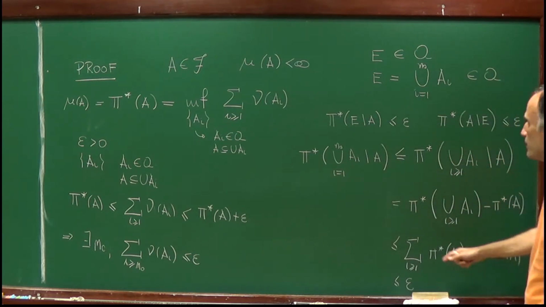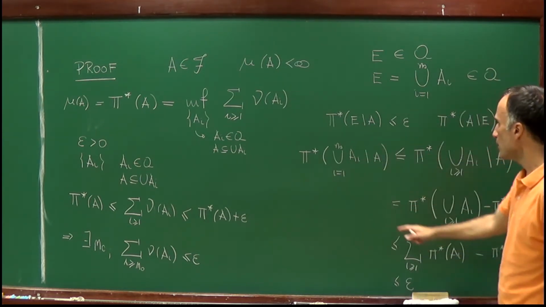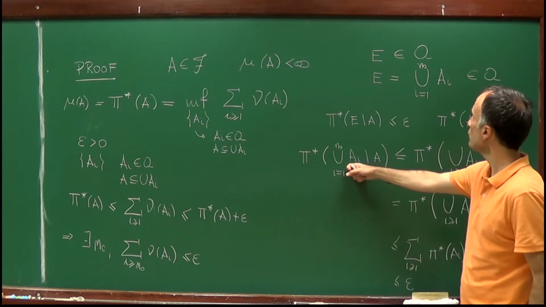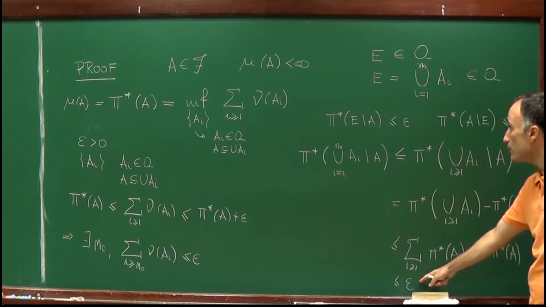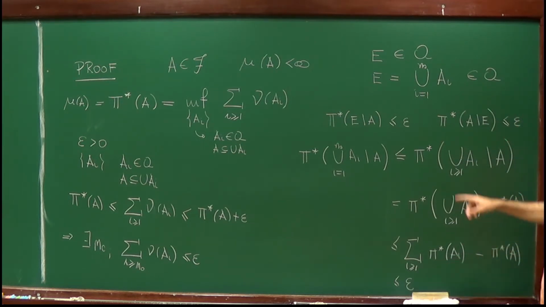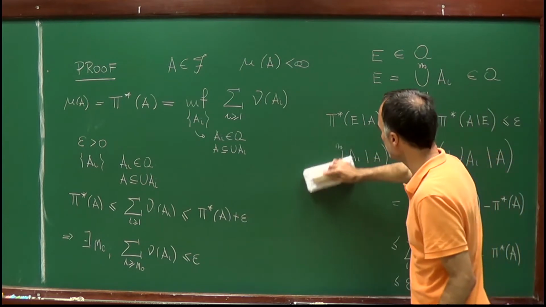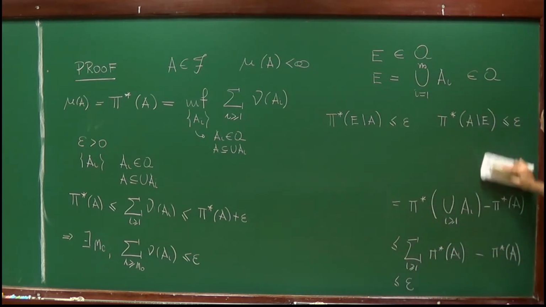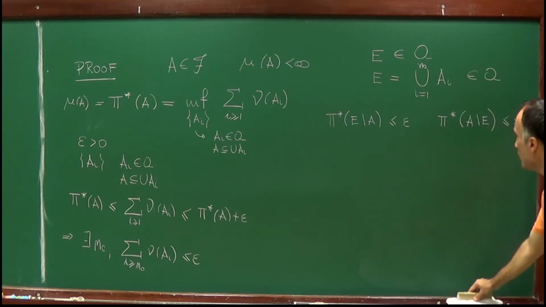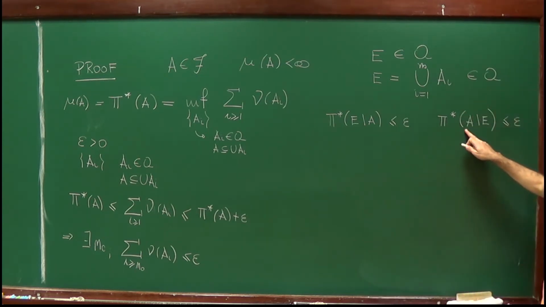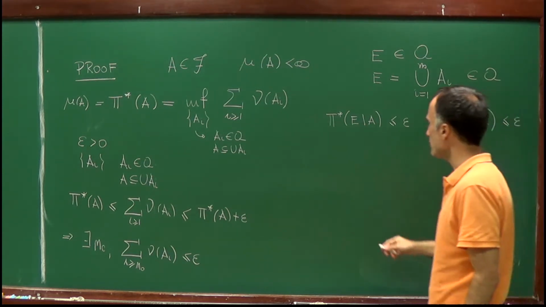So this proves that P star of the union, which is E, so that P star of E minus A is less than or equal to epsilon. So it remains now to prove the second inequality, the second bound. So let me erase this first one and let me go to the second bound. So we want to prove now that P star of A minus E is less than or equal to epsilon.